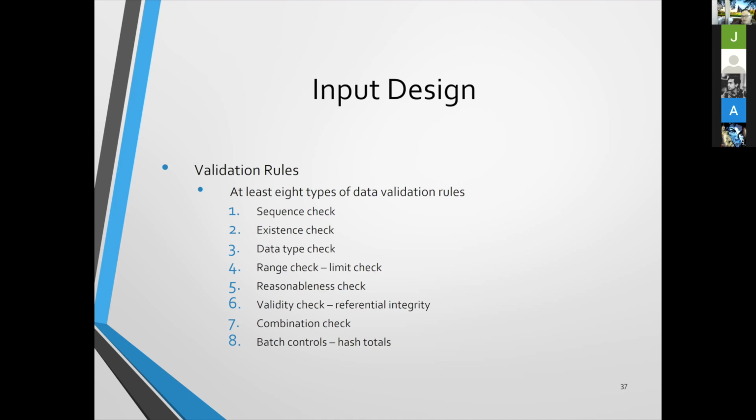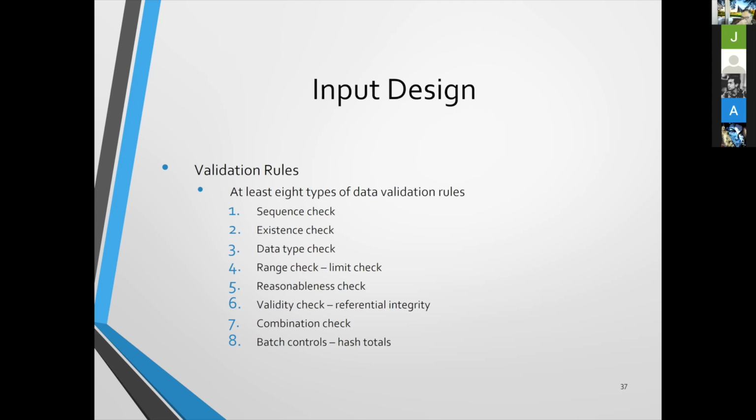Because if you are a 6-1 student, you should be in year 3 only or year 2 only, depending on the term that you start. So this one is the validity check that you have to check, that it's an error. Next is combination check.